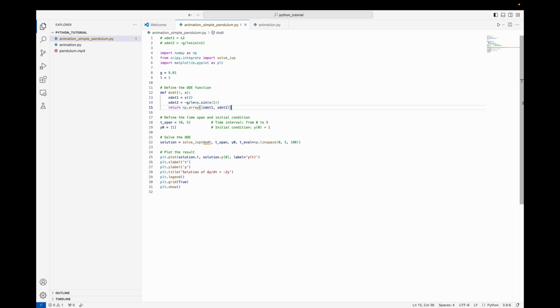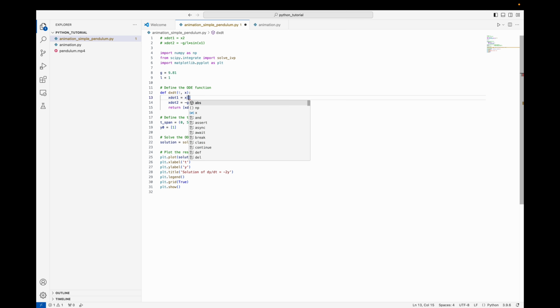Okay, awesome. So this is the differential equation that's being solved. I will see about this array thing. It might not be necessary. We will try it without the np.array, and then we will see what happens. Great.